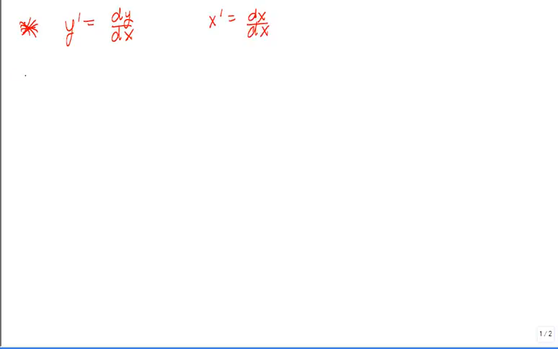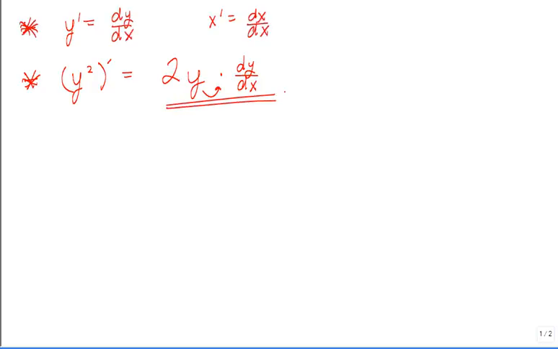So another thing that is helpful to remember, if you're doing the derivative of y squared, using the chain rule, that brings the 2 down, leaves the inside alone, subtract 1, come back and take the derivative of the inside, which is dy dx. So every time you take the derivative of y, you need a dy dx. And that'll save you a lot of headaches, if you remember that.